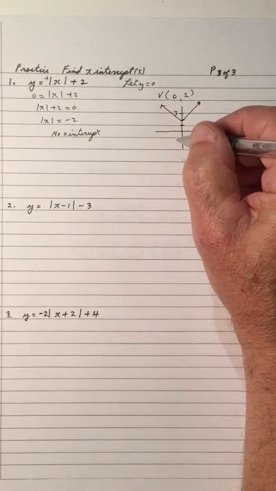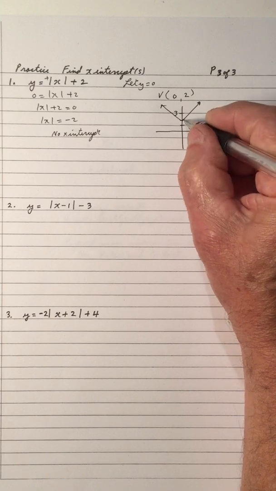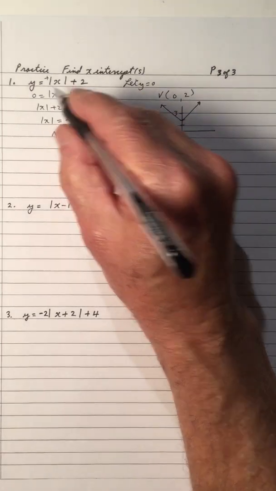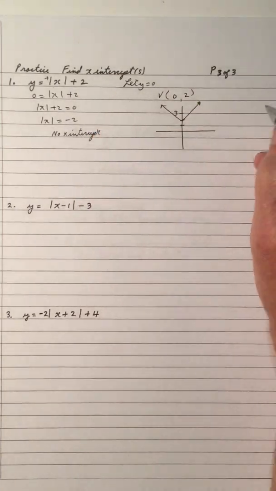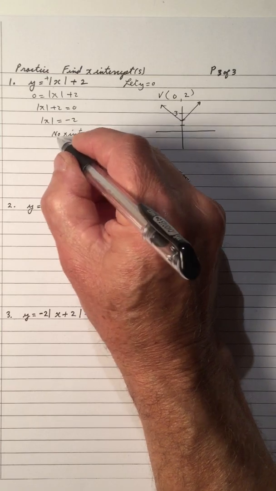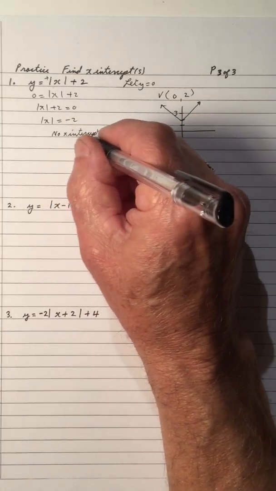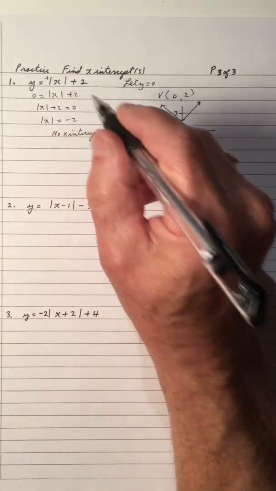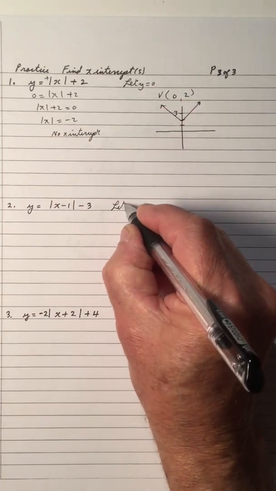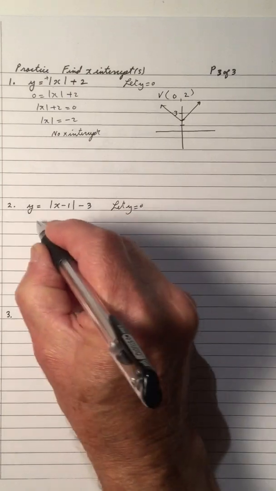Because the vertex is (0, 2) and it opens upward, it has no x-intercept. And the absolute value of x is -2. We can't have that, again indicating that there's no value of x to satisfy this equation, where y is equal to 0.